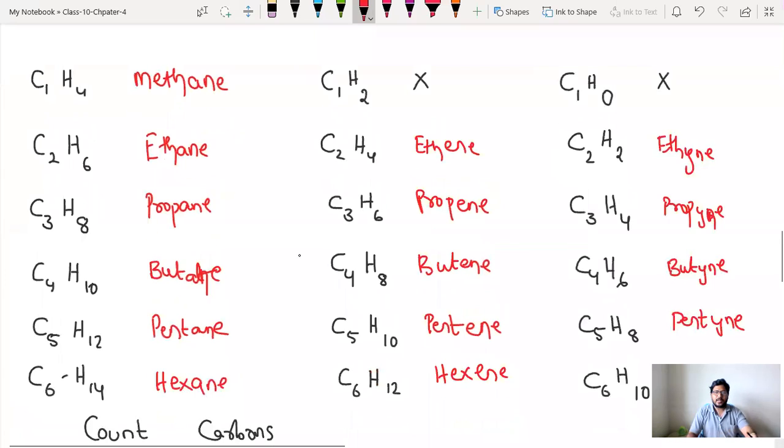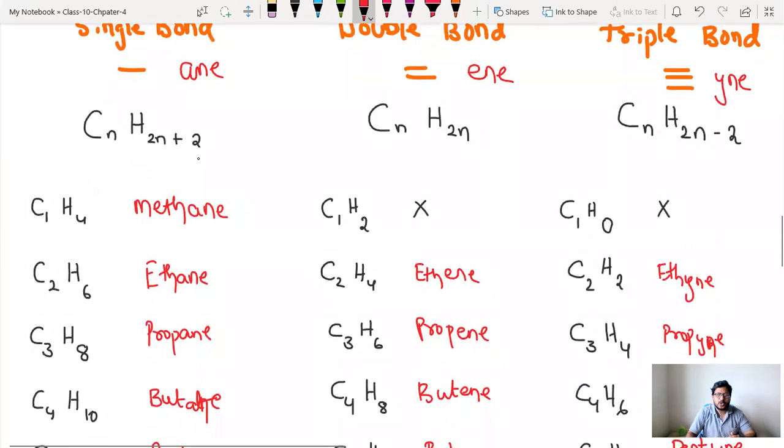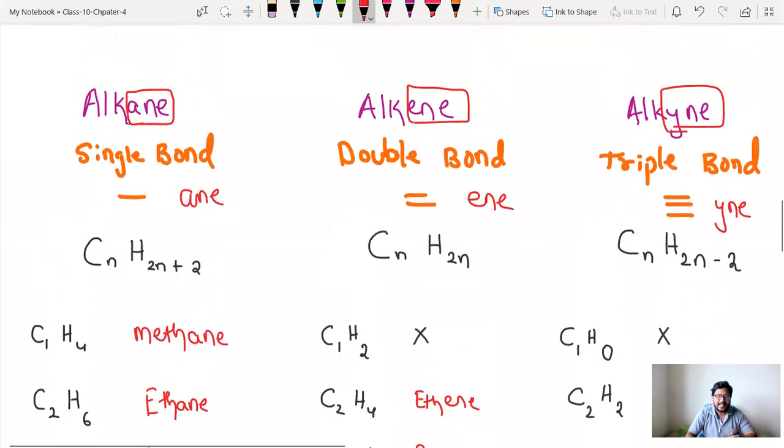So till now we have seen names, and if you observe, a pattern is continuing: CnH2n plus 2, that is continuation, isn't it? So everything, you see, with formulas of CnH2n plus 2 will come under the category alkane.